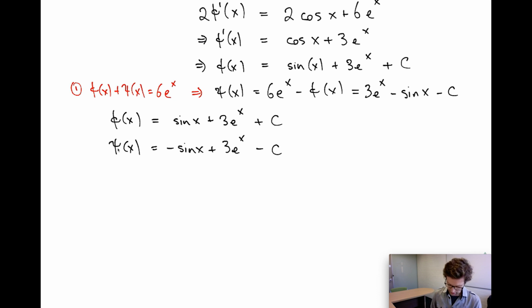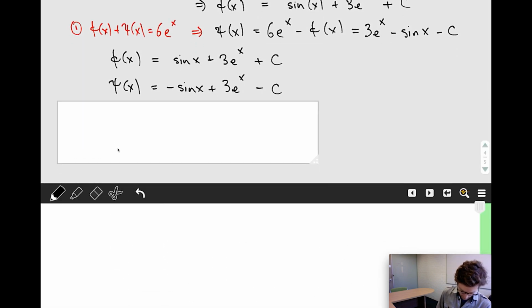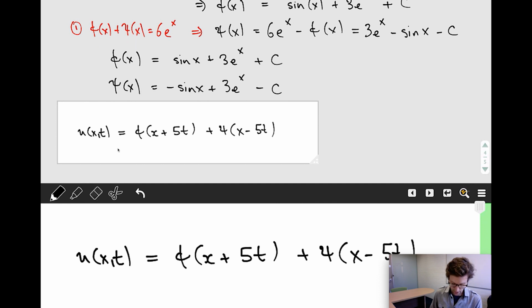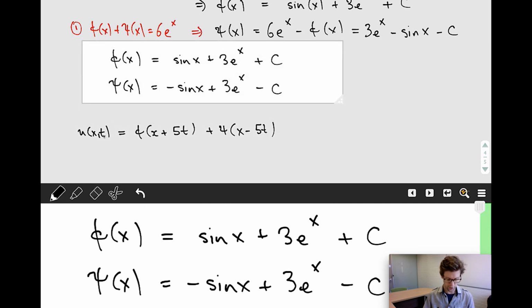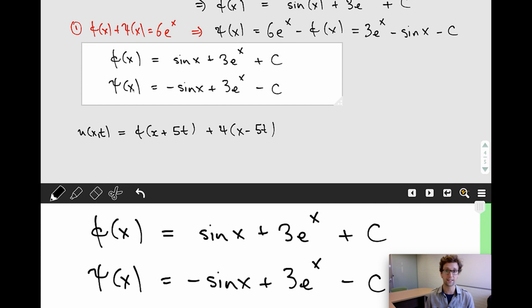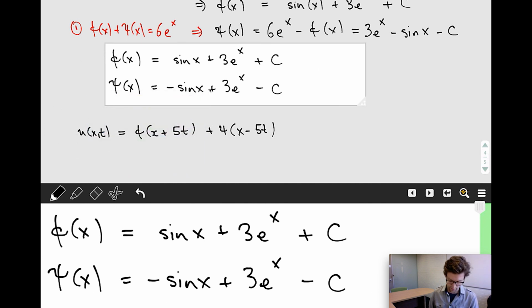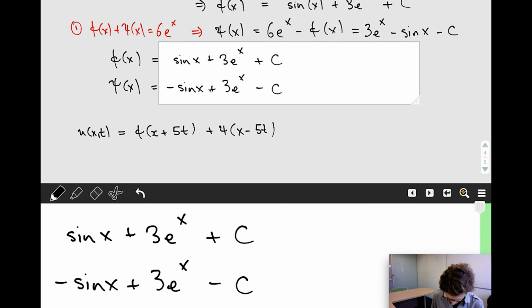Now, remember that our assumption was that u of x and t was equal to phi of x plus ct, where c is equal to 5, plus psi of x minus ct. So that was what our value of our function was for all values of t. But our solutions for phi and psi are given for x, not for x plus 5t or x minus 5t. So to substitute these expressions in here, I'm going to need to just replace everywhere I see x with x plus 5t or x minus 5t.